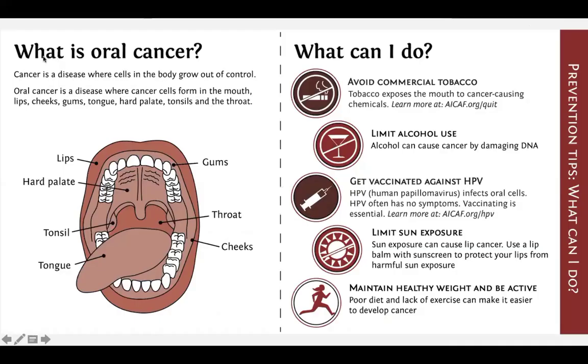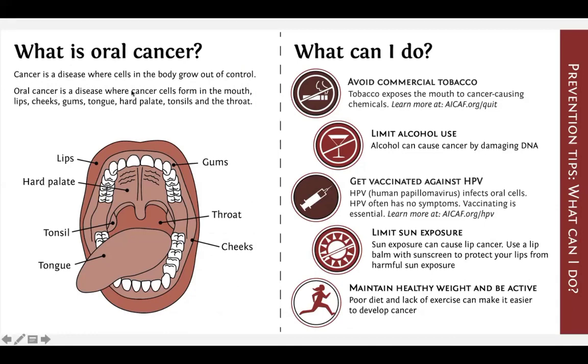So there is a summary for what is oral cancer and what can I do. What is oral cancer? Cancer is a disease where cells in the body grow out of control. You know cancer, right? Where the cells proliferate in an unordered manner and out of control.